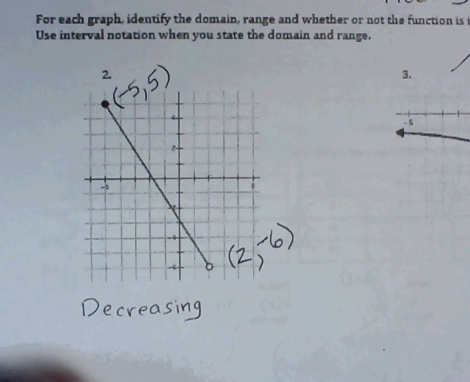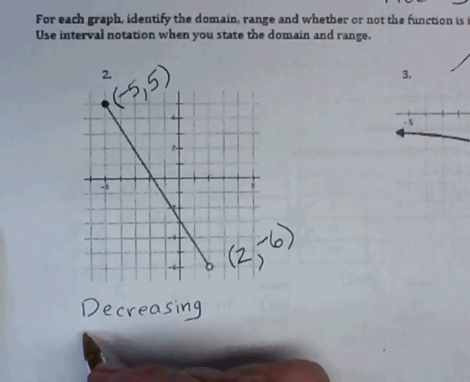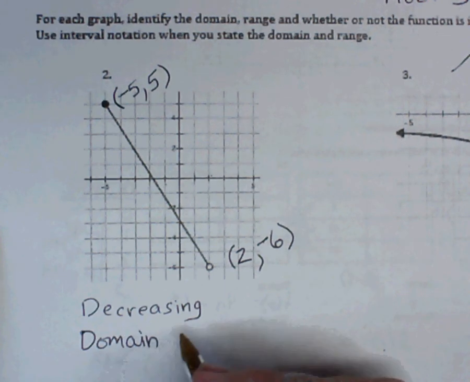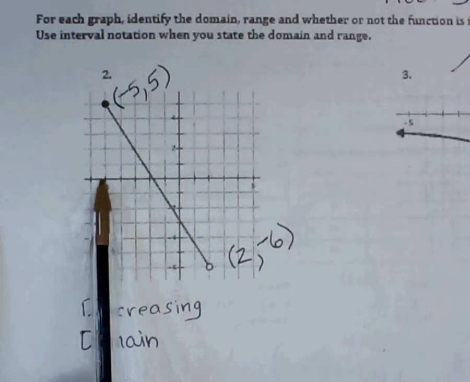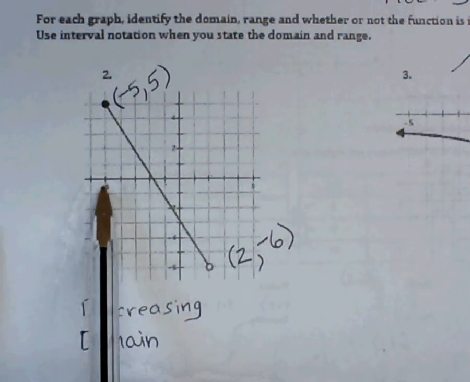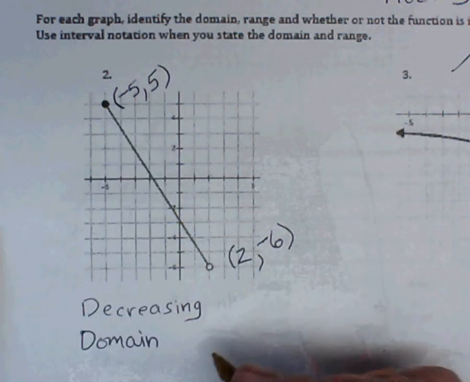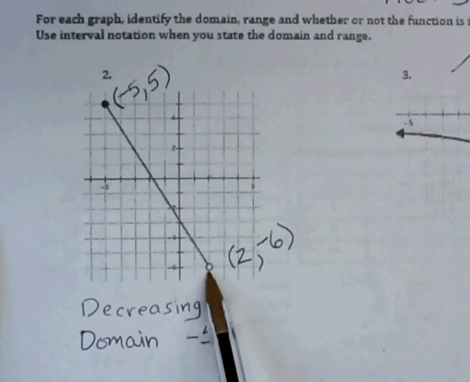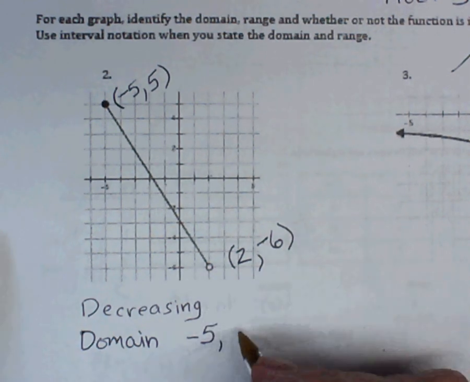So that's really going to help me with my domain and range. Domain is the x values, the possible x values. So if I'm looking at my graph here, it starts here and the x value here is negative 5. And it stops here and the x value here is 2.